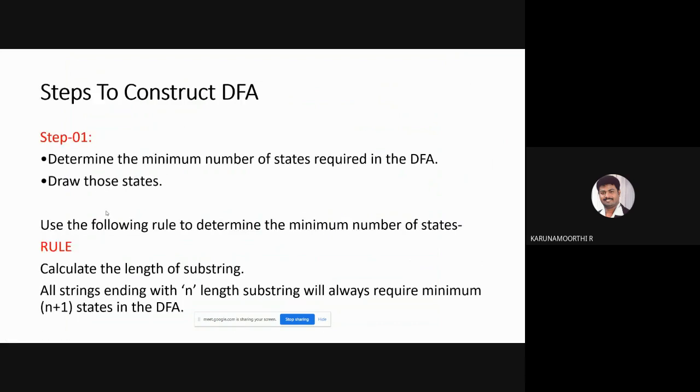So these are the steps to construct the DFA. In theory of computation, definitely we want to draw the machine for DFA. Many questions arise in constructing the DFA. So before constructing any kind of problem, any kind of situation, you must follow some steps. The first step, we want to determine the minimum number of states required in the DFA.